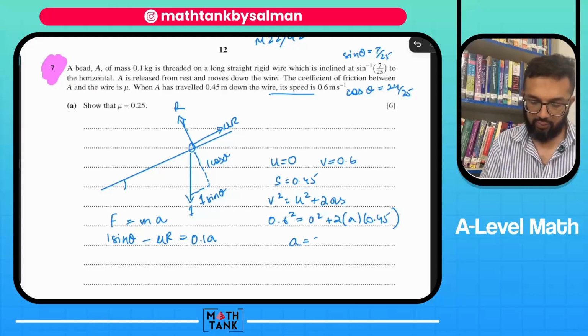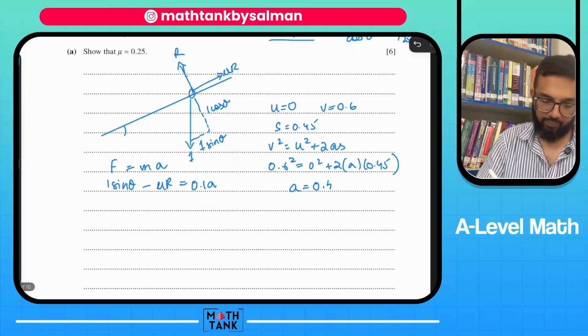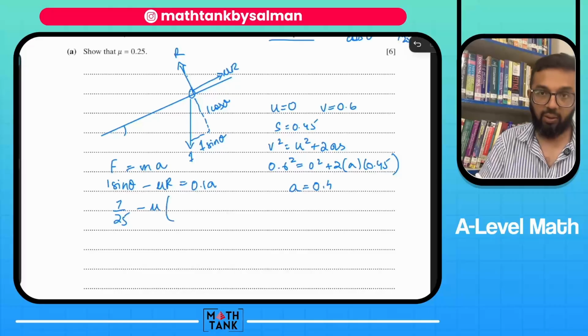That's 0.4. So sin theta is 7/25. How much will R come out to? R is going to be 1 cos theta, so it's going to be 24/25.